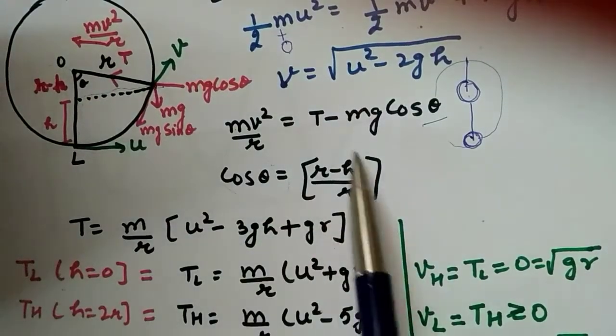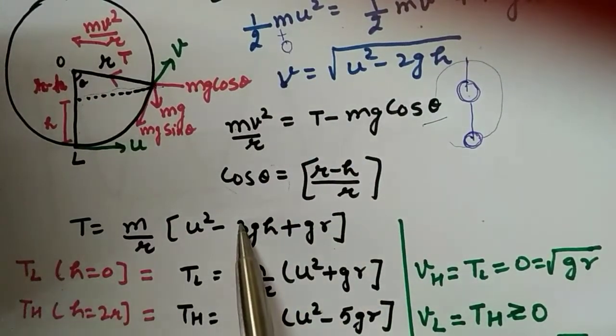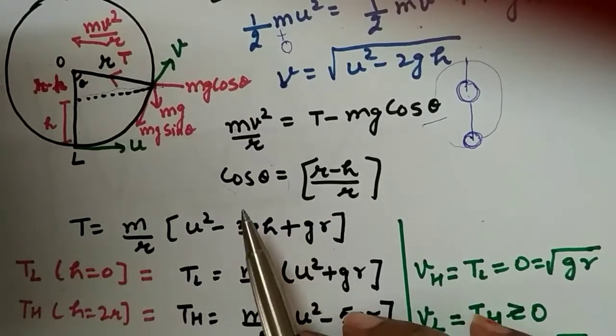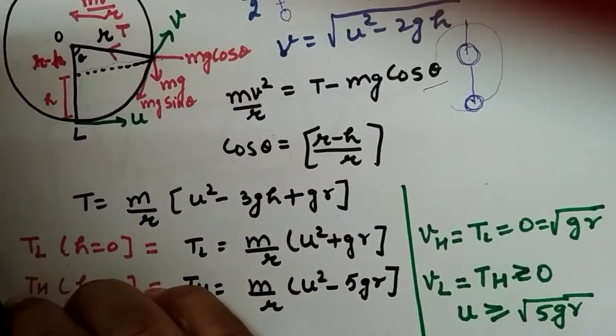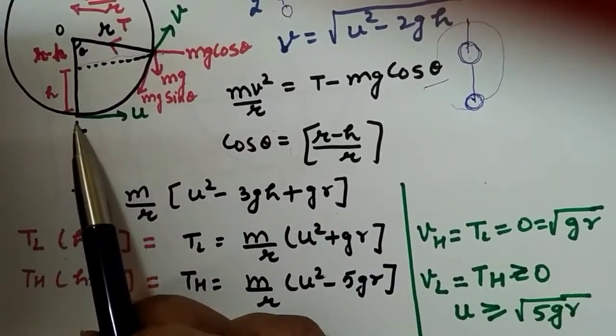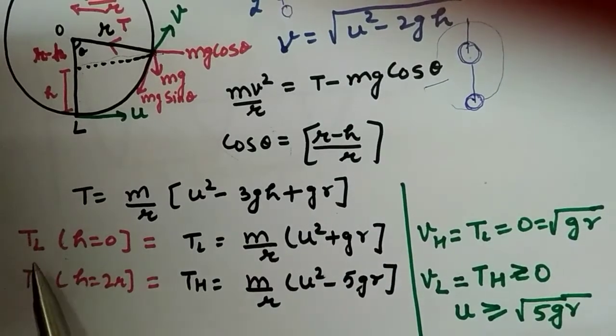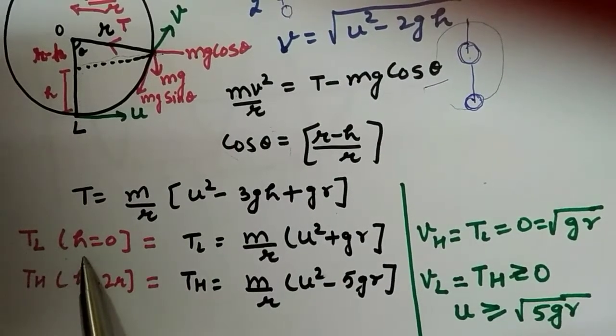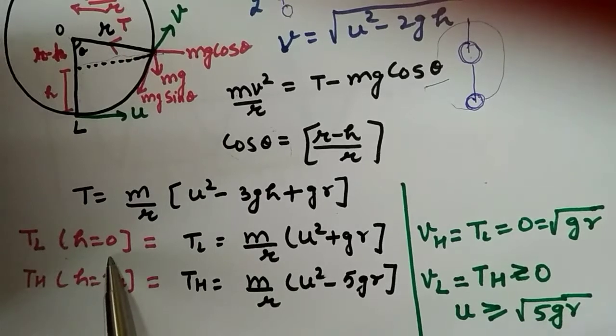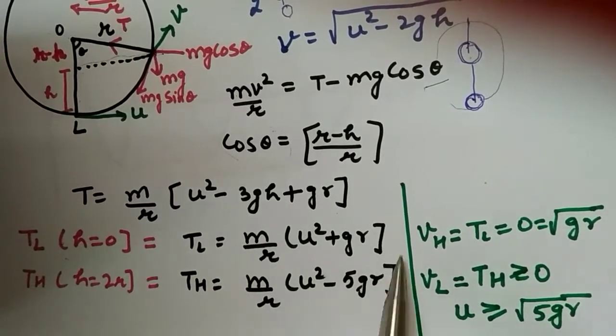So you write the value of cos theta, fill the value here, and simplify. You can calculate the tension in the string when the person is at the lowest point, and also when the person is at the highest point. When he is at the lowest point, we assume height to be equal to 0. So we get the value of tension in the string.